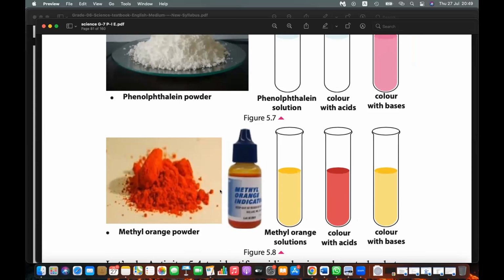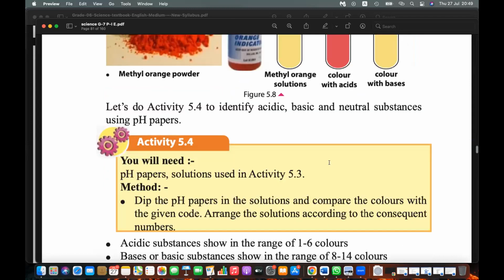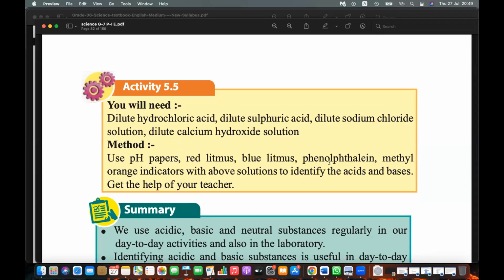Methyl orange with acid will be a reddish color, but with base it shows some other color. So likewise, with acids and bases, these indicators will display different colors. What you need to do is various experiments with these acids and bases with different indicators.